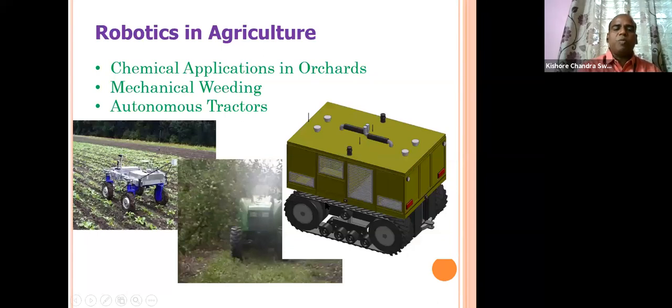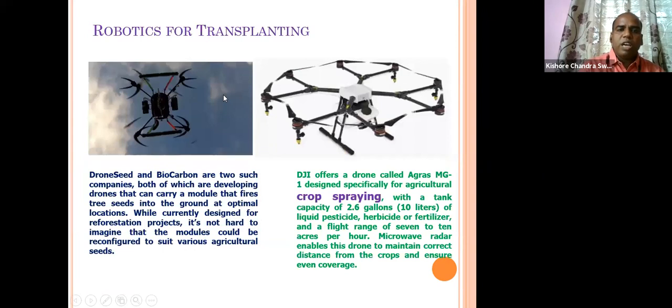Then there is robotics, which is already in use, as I was talking about. We have autonomous tractors, we are using mechanical weeders, and we can even use small robots for transplanting and crop spraying. You can design those. Crop spraying is already in use, like in Australia.